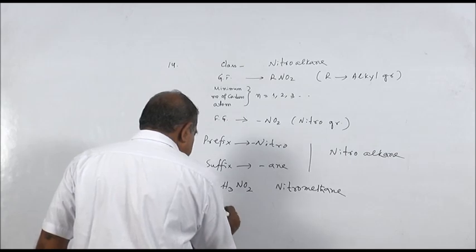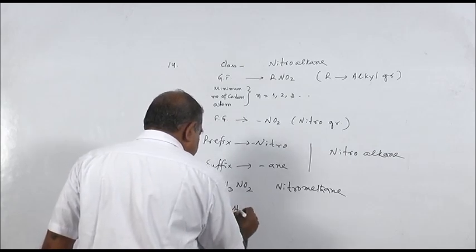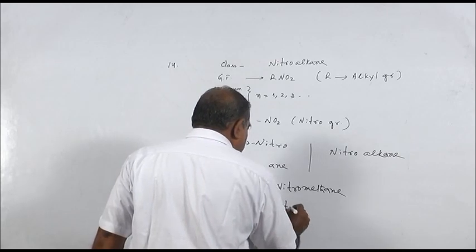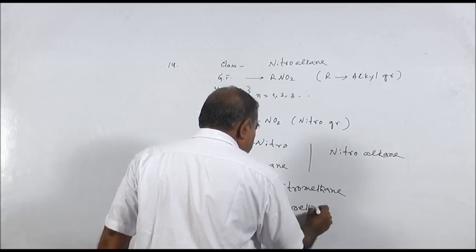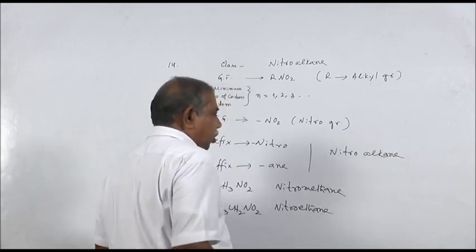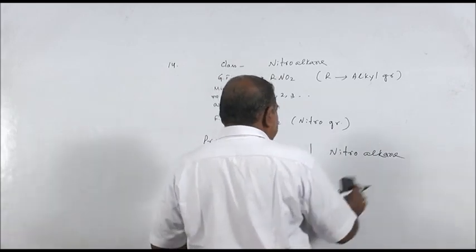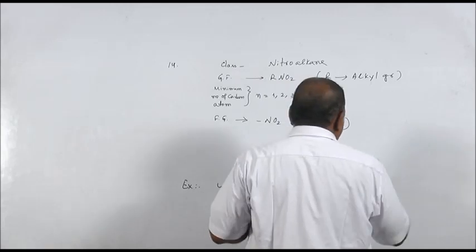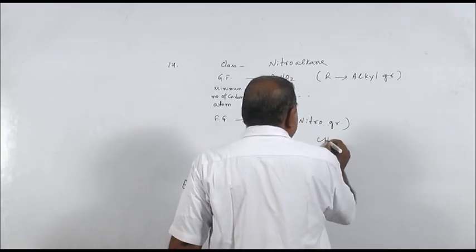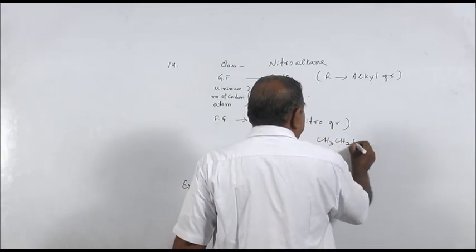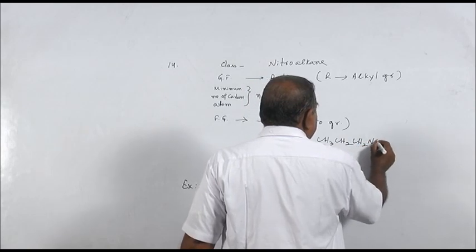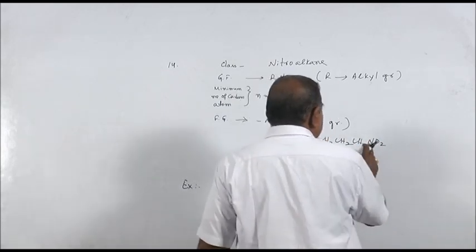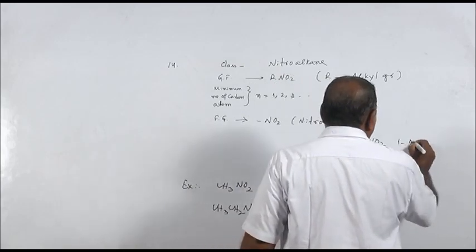Similarly, CH3CH2NO2. This is your nitroethane. But if it contains 3 carbon atoms and onward, you'll have to use the position. I have already explained position, you have to write it before the name. At position 1 there is a nitro group.